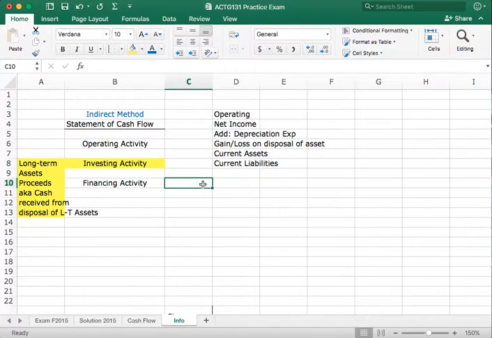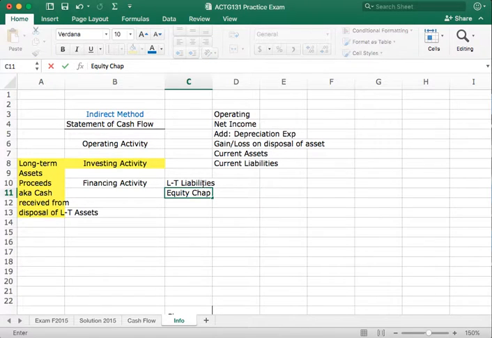This will include any activity to long-term liabilities and changes to equity. So equity changes. So if you remember, issuance of stock would increase equity and increase cash.